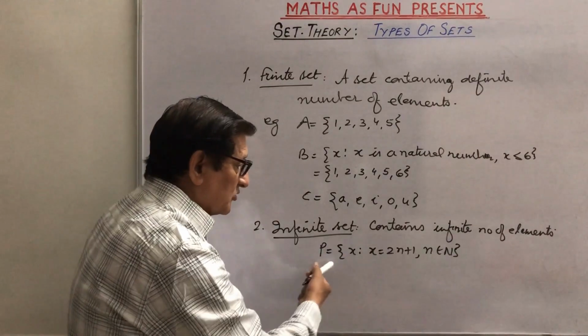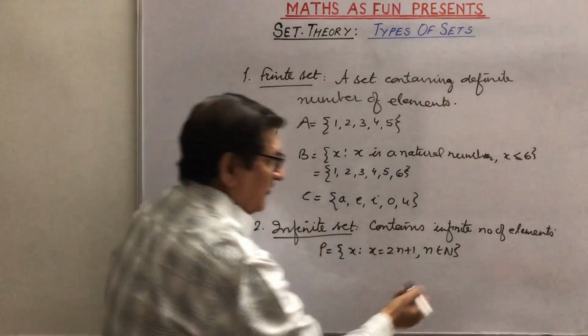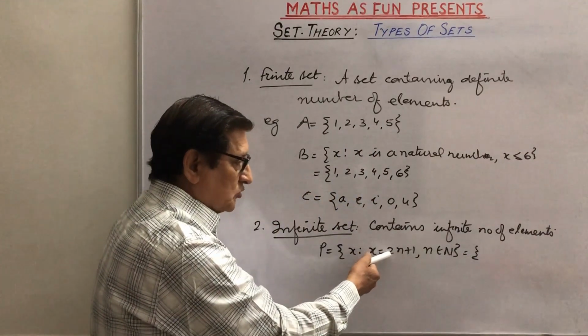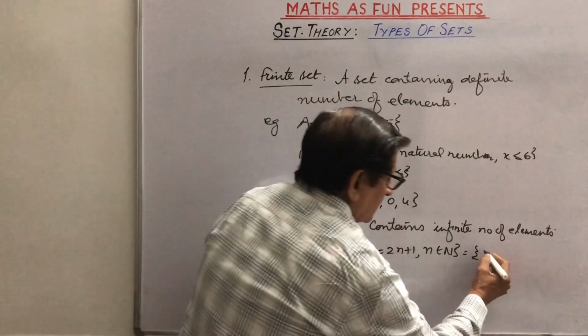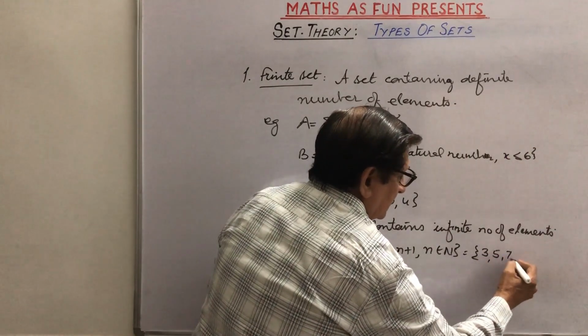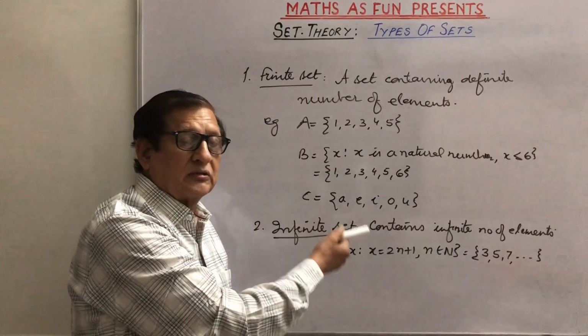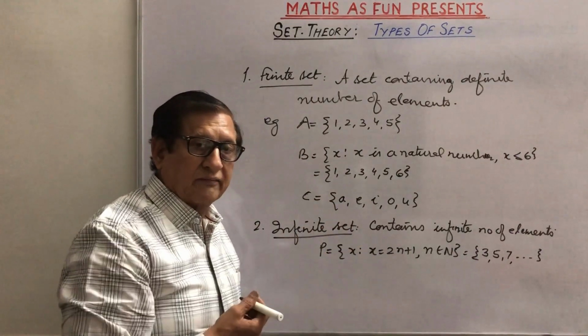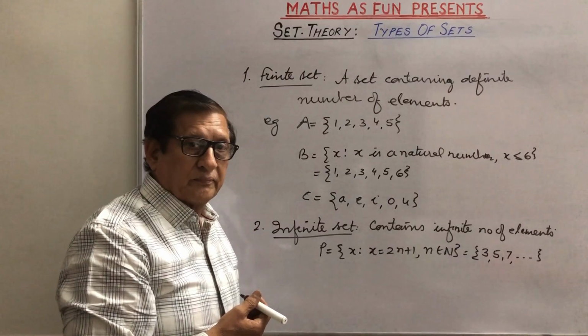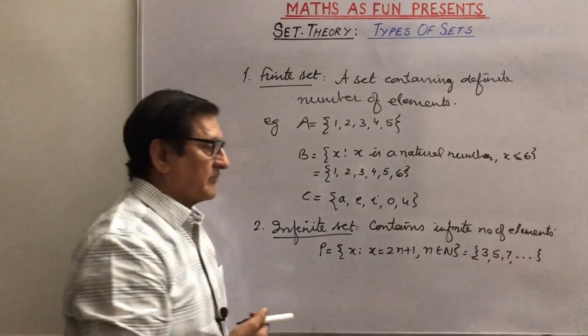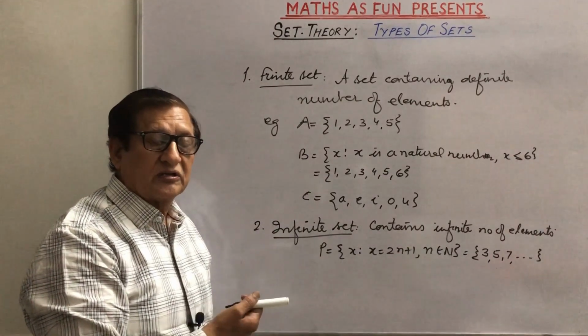If we write it in roster form, we find this is 3, 5, 7. Like this we are getting all odd numbers greater than or equal to 3. So this also contains an infinite number of elements, and that's why it is an infinite set.